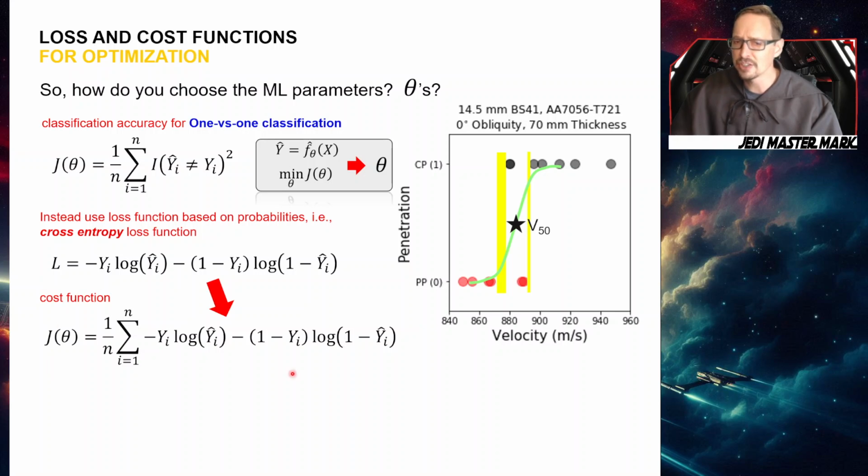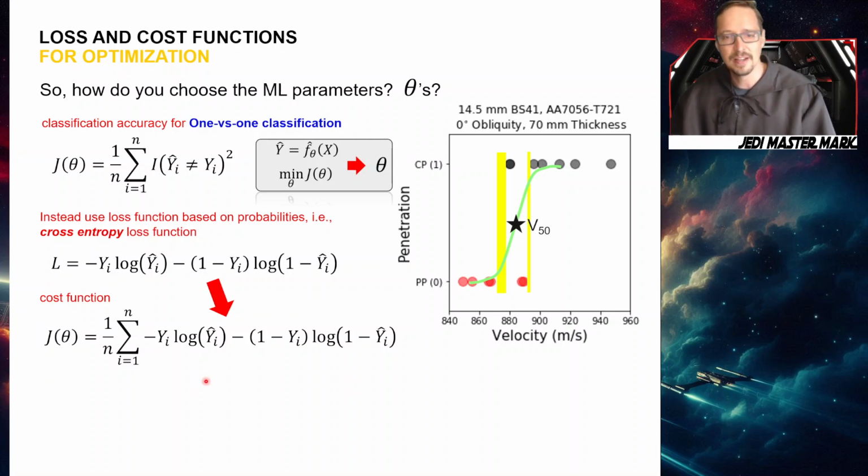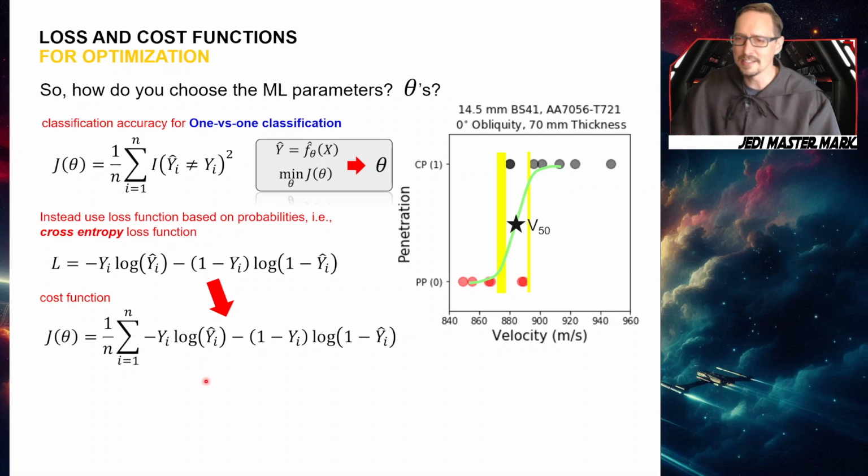And then the cost function is just going to be the average of all of those loss functions. But you may ask yourself, why is it situated this way? What ends up happening is when y is 1, if y hat, the prediction, is 1, this log function is going to turn into 0.